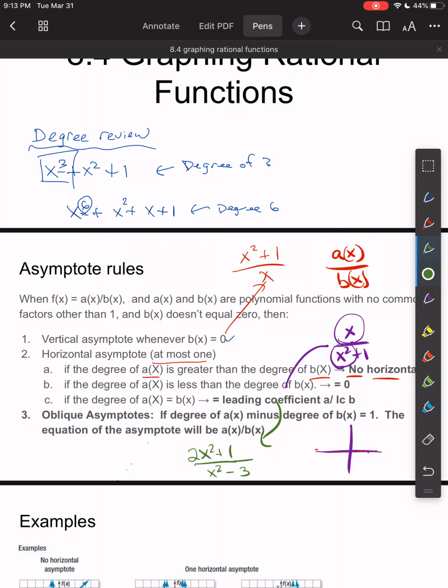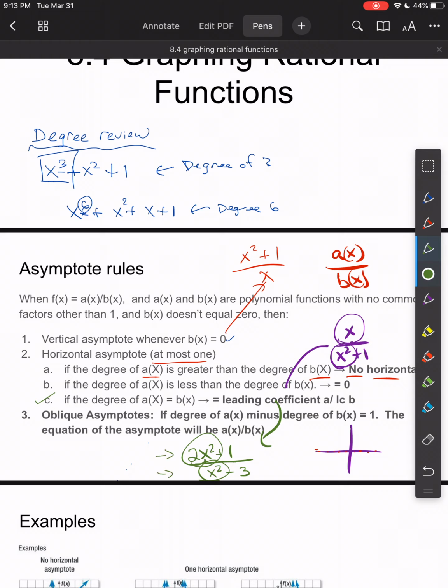Let's do 2x squared plus 1 on the top. Notice that the degree of the numerator and the denominator are the same. This is degree 2, this is degree 2. So we're looking at rule C whenever that's the case. To figure out what the horizontal asymptote is, what we do is we take the leading coefficient of A over B.